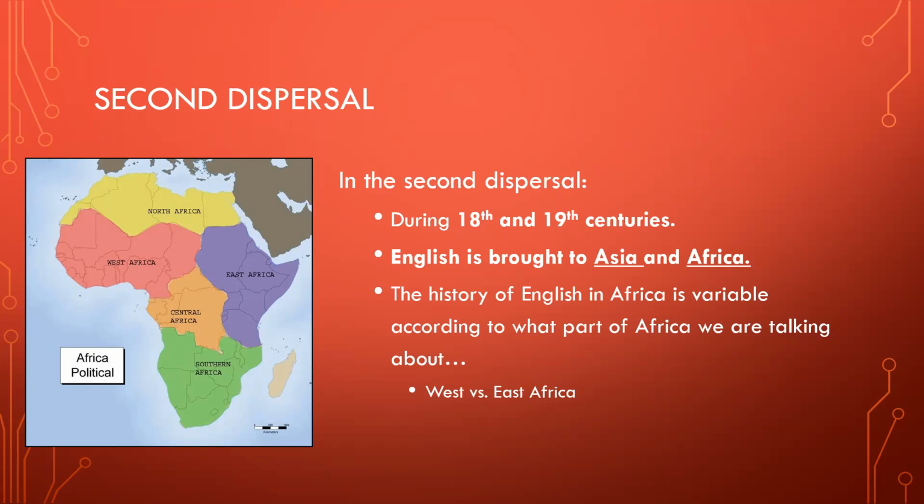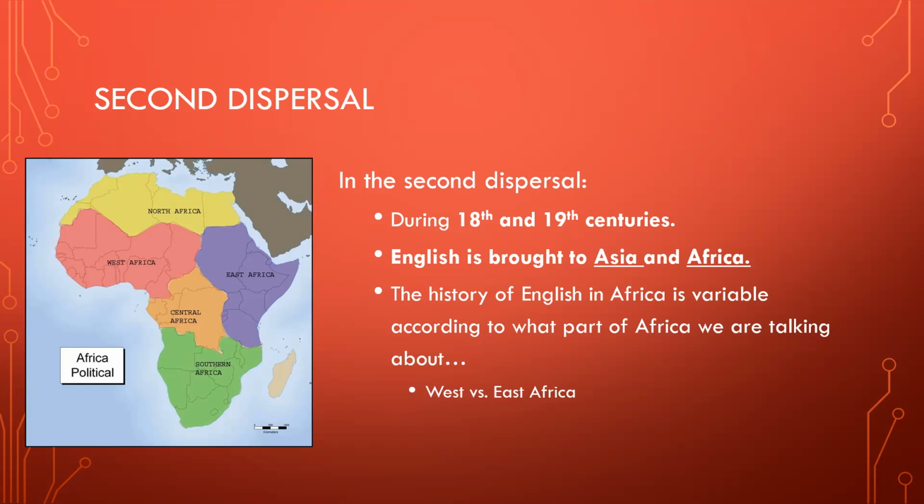A lot of these contexts ended up adopting English as a second language for official government purposes. So the history of English in these countries is also quite different according to the region that we're talking about.